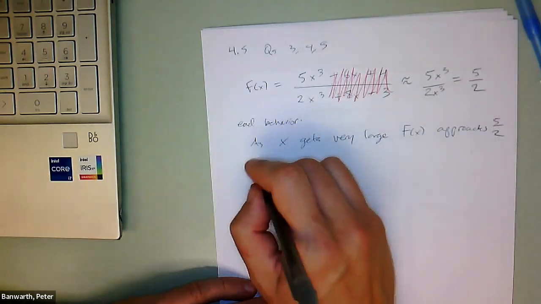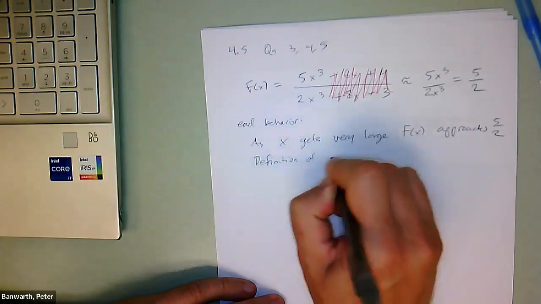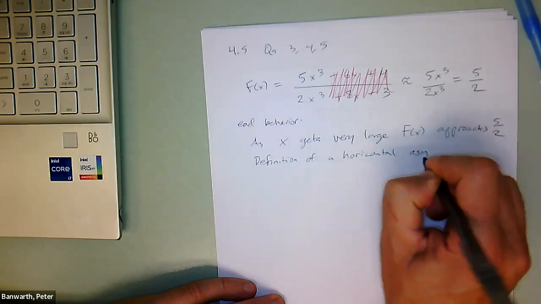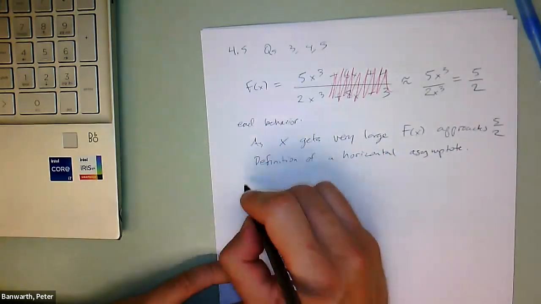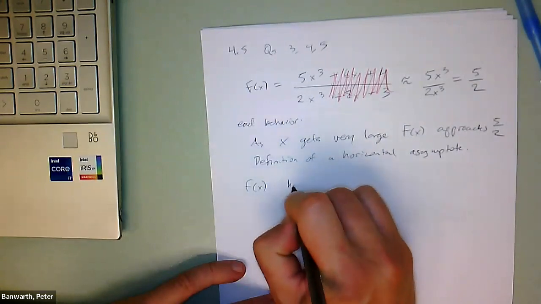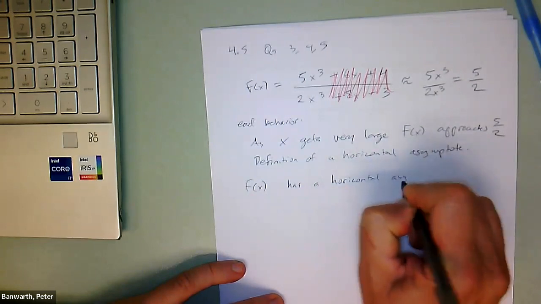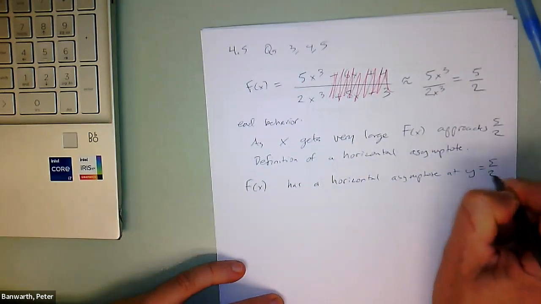And that right there is the definition of a horizontal asymptote. So our function f of x has a horizontal asymptote at y equals 5/2.